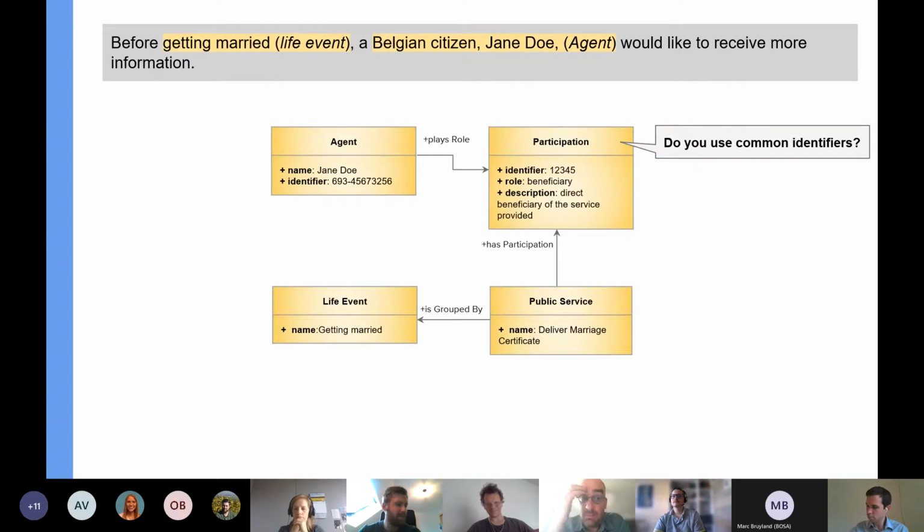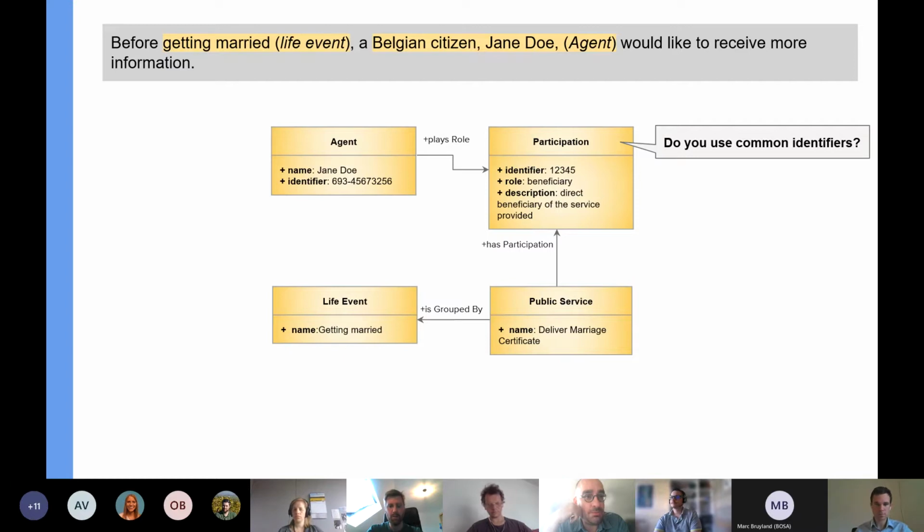Yes, I can give another example, which is fairly common. Local administrations. A local administration like my municipality can, at sometimes, be an agent as an intermediary to provide a service, and they can also be a beneficiary.